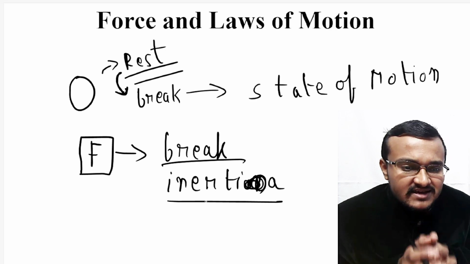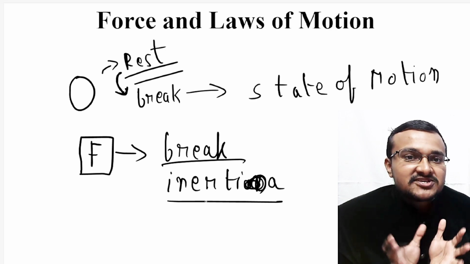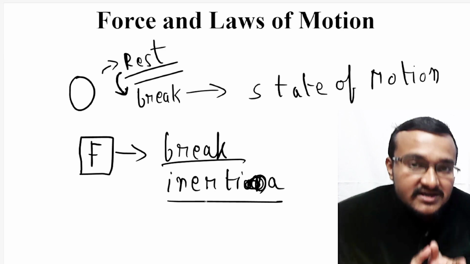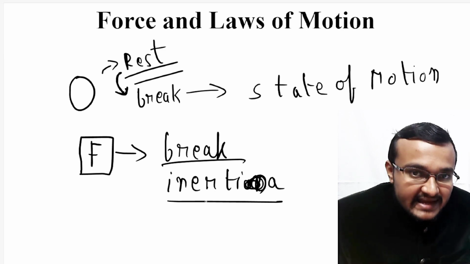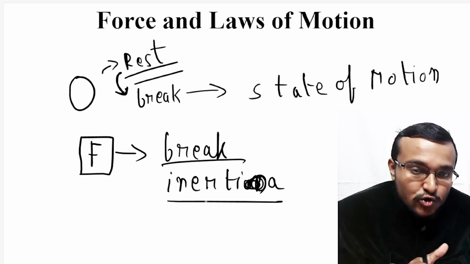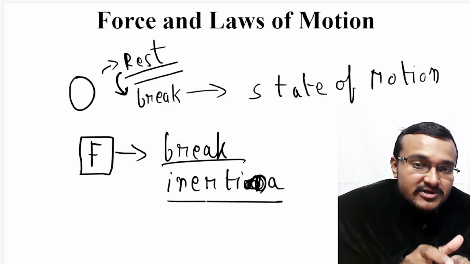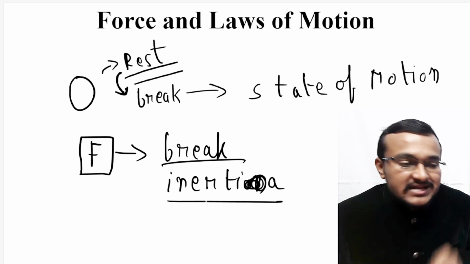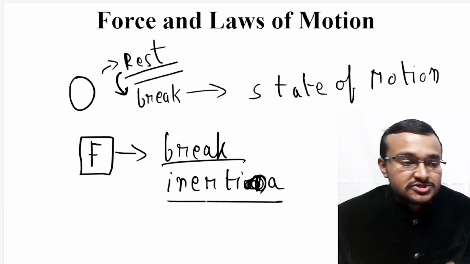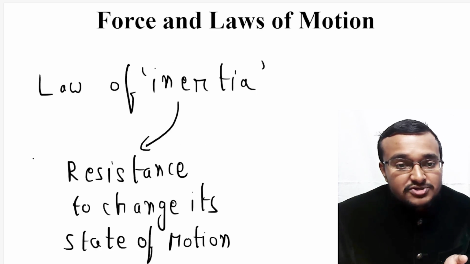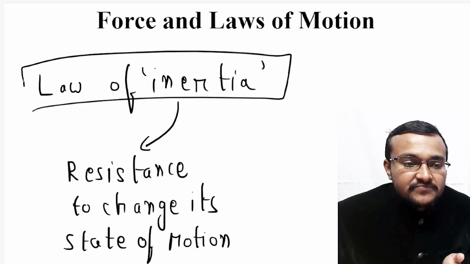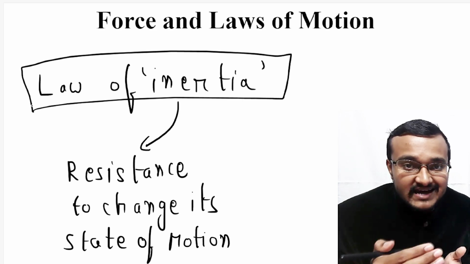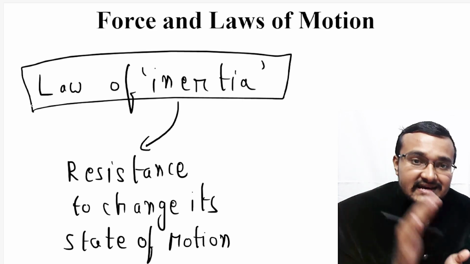So an object's initial state of motion has a certain amount of inertia, which you should overcome by applying an external force in order to change the state of motion. That is what Newton's first law of motion says. Hence it is also known as the law of inertia, because you are overcoming the inertia of the object by applying an external force.